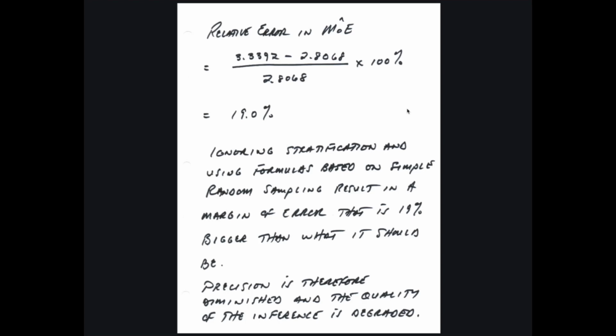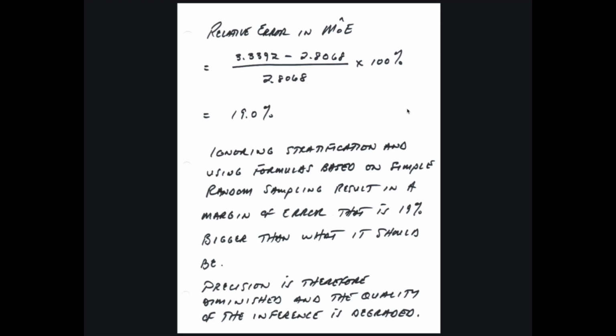And so, what's the impact of that? Well, if we think about constructing a confidence interval for the overall population mean, that confidence interval is going to be too wide. It's going to be 19% too wide. So precision is therefore diminished, and the quality of the inference is degraded when we fail to take into account that we have used stratified random sampling.